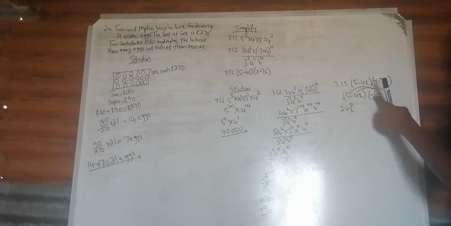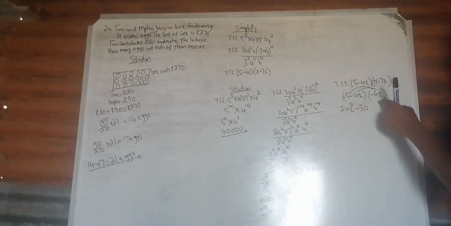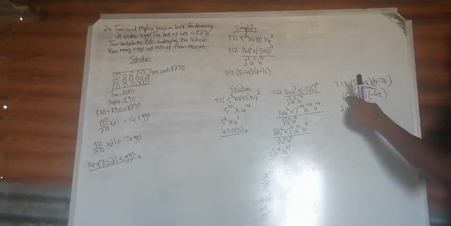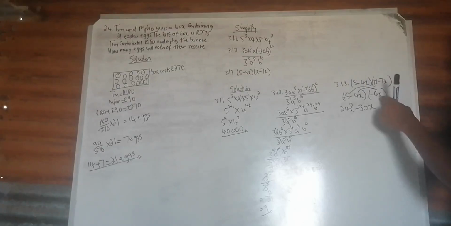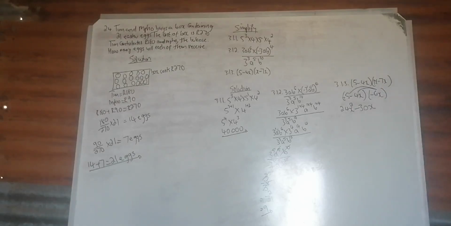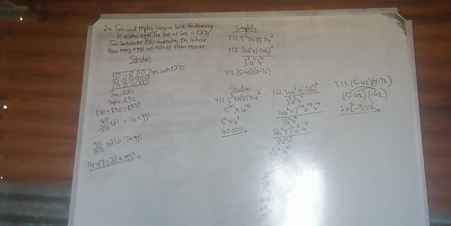Negative 6 times 5 gives negative 30x. Remember, you have negative 6x multiplied by 5, you find negative 30x. You cannot add or subtract this. Why? Because the exponent is 1 and the exponent is 2, you just leave it as it is. They are not like terms.